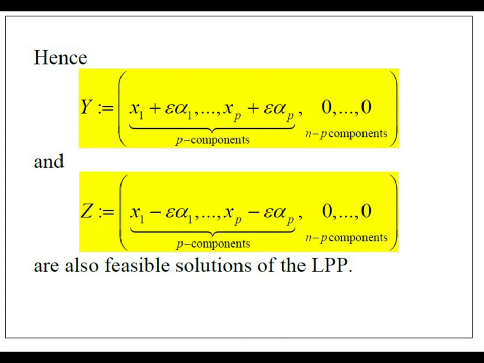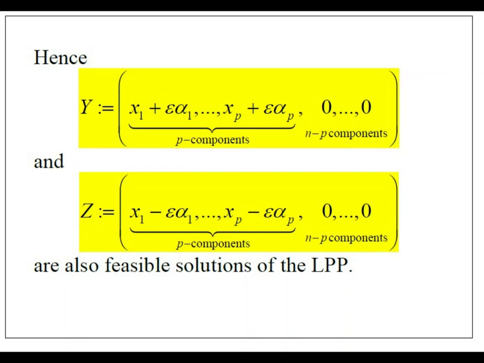Hence Y and Z are also feasible solutions of the linear programming problem. It is easy to see that X is equal to (Y plus Z) by 2. That is, X can be written as a convex combination of Y and Z.